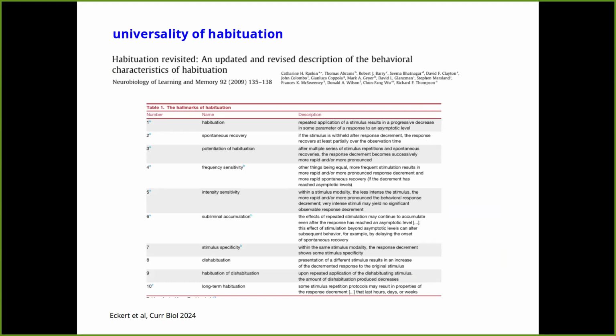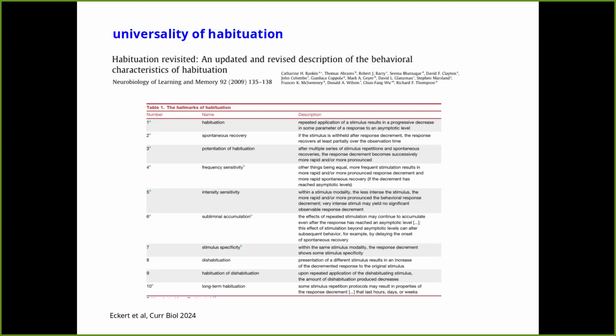Habituation is a lot more complex than a simple declining response. In particular, experiments that have been done over decades in animals, and by animals I mean both vertebrates, rodents, humans, chimps, whatever, and invertebrates, reveal that habituation has some kind of universal properties called hallmarks.